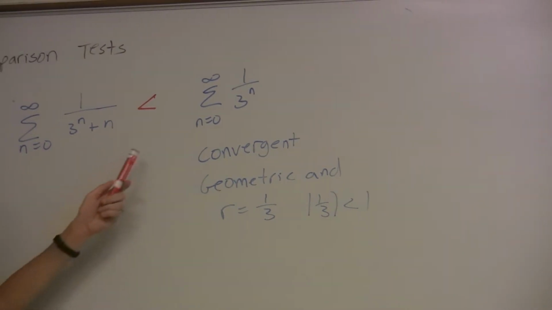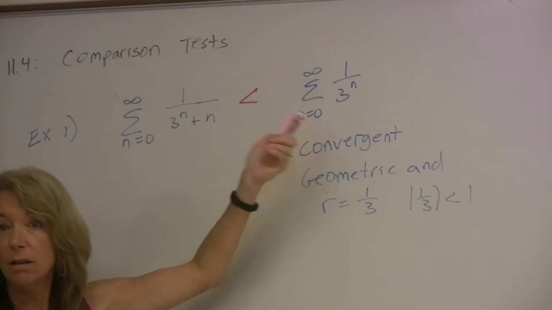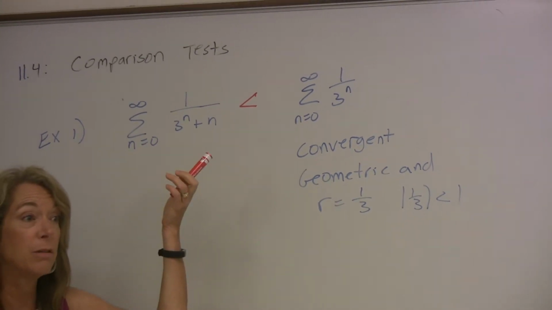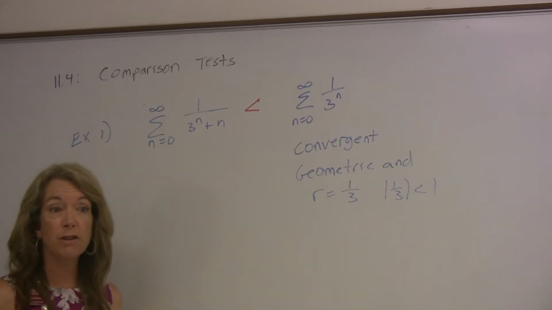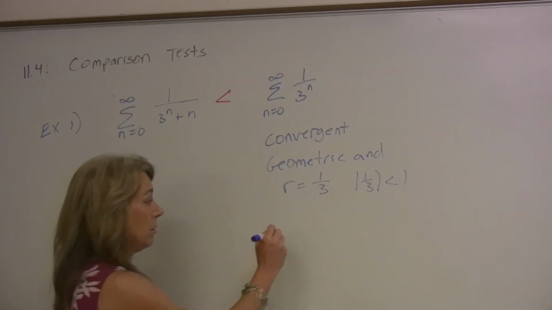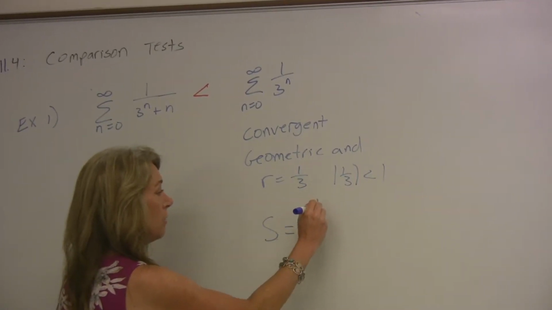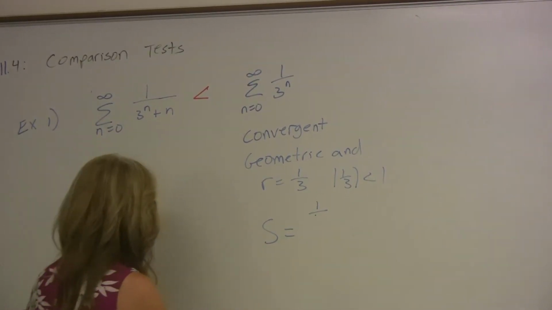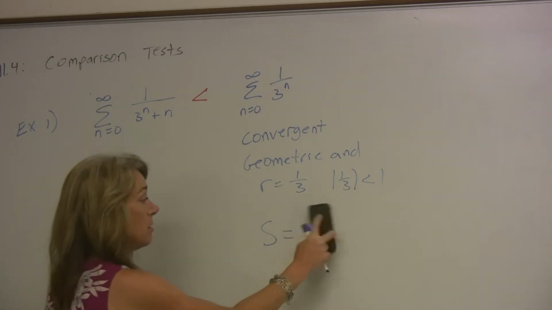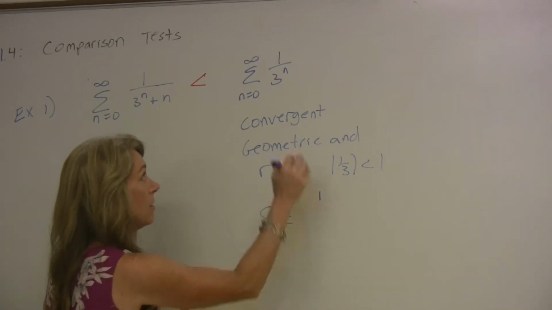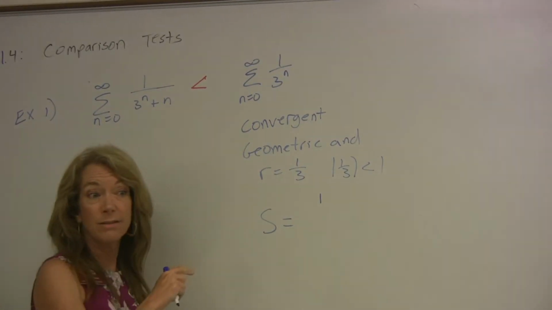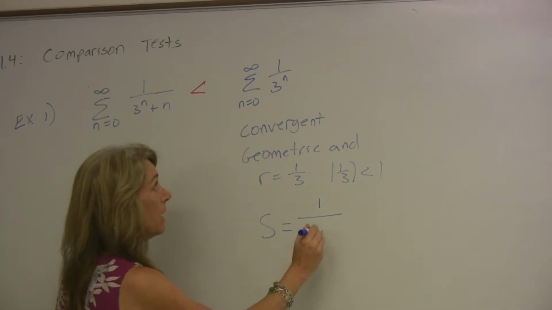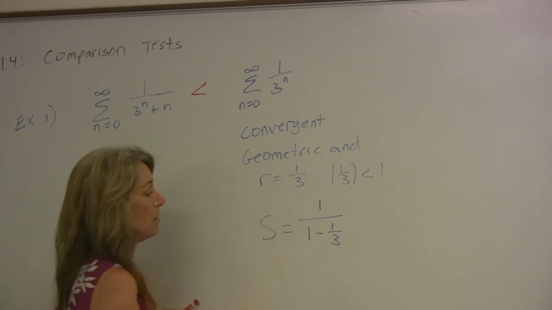Convergent means this adds up to some number. We could actually find what it adds up to. We have a formula for geometric. We could take the first term, which is 1, oops, we started at 0. First term is 1 over 3 to the 0, over 1 minus r.